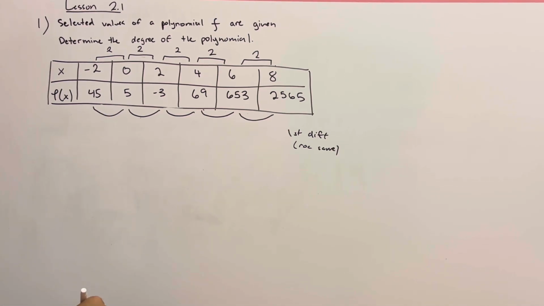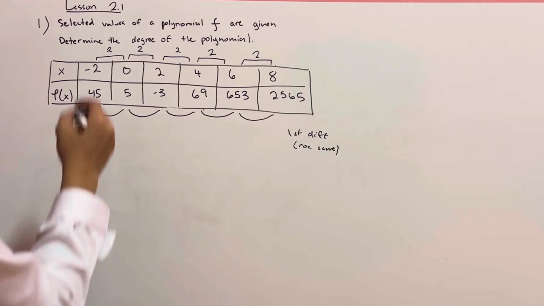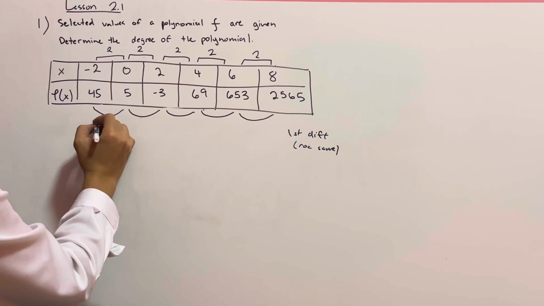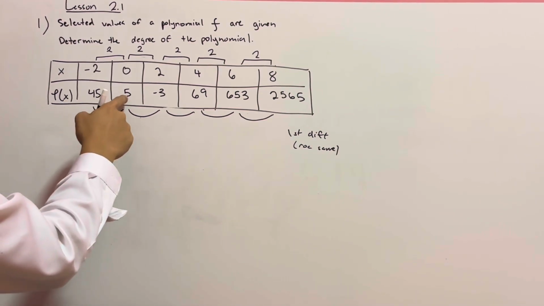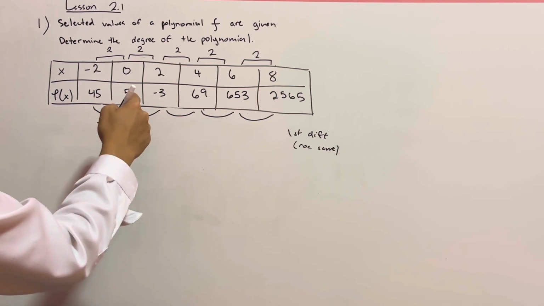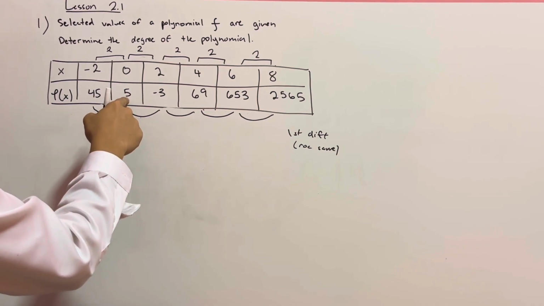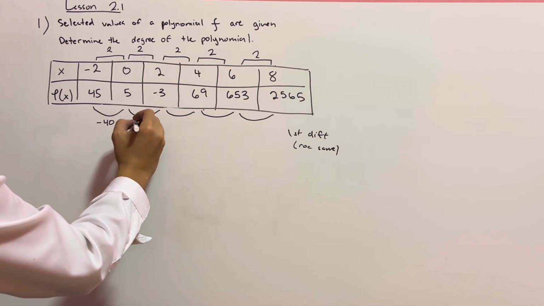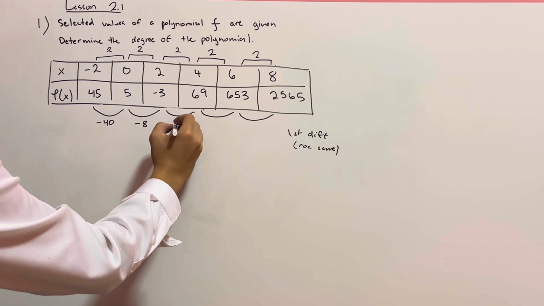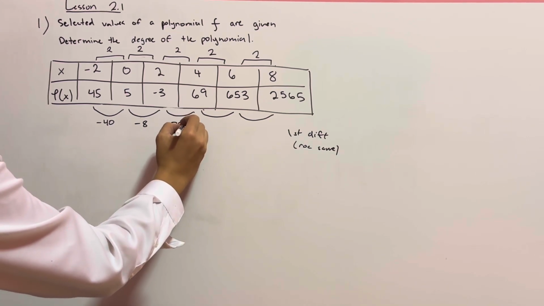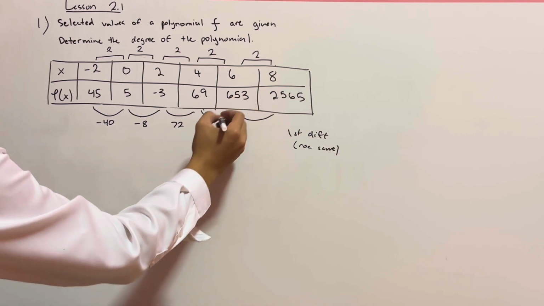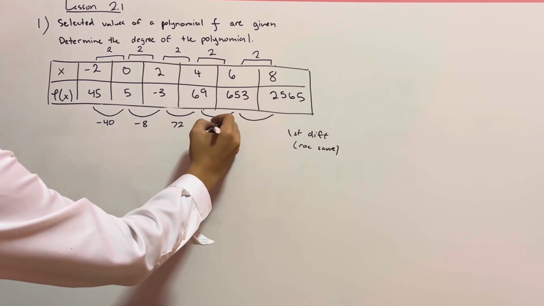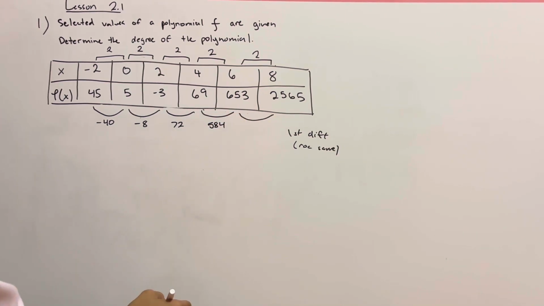Pause the video to do the calculations. If you don't know how to do the calculations, I'll go through them right now. So from 45 to 5, we subtract 40. From 5 to -3, we subtract 8. From -3 to 69, we add 72. From 69 to 653, we add 584.